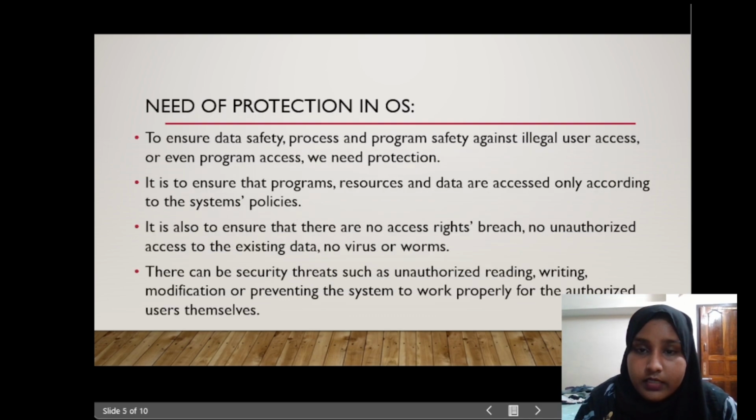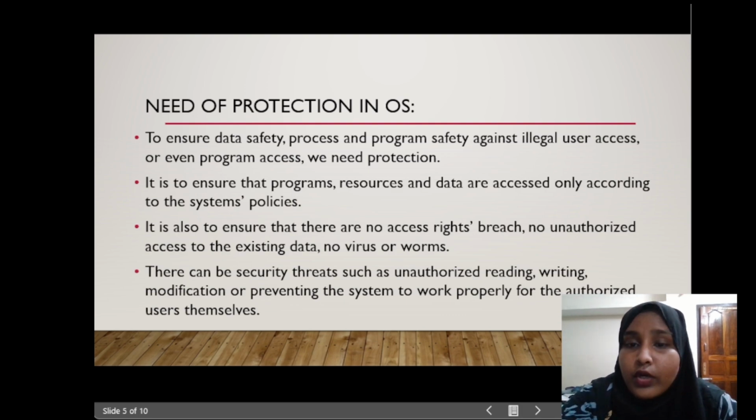The next one is, what is the need for protection in an OS? To ensure data safety, and process and program safety against illegal user access or even program access, we need protection. Protection ensures that only authorized users or programs can access the specific files, programs, or resources, following the system's rules and policies.